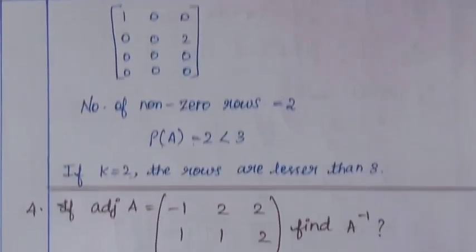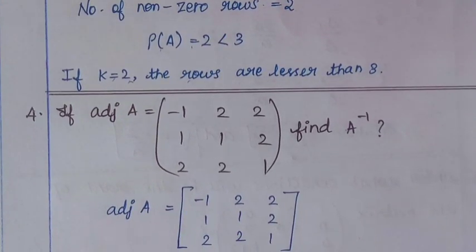Next, fourth question. If adjoint A is equal to minus 1, 2, 2, 1, 1, 2, 2, 2, 1, find A inverse.